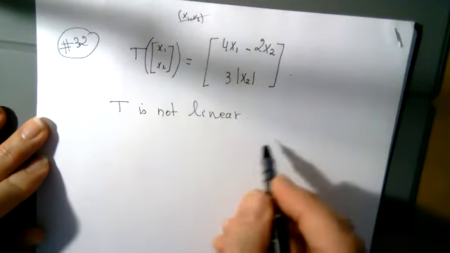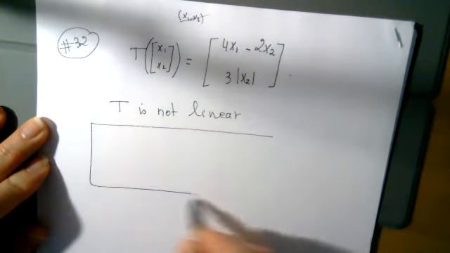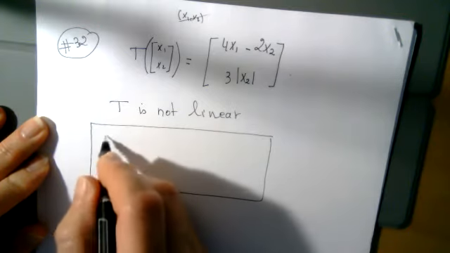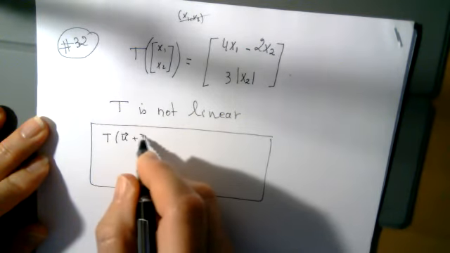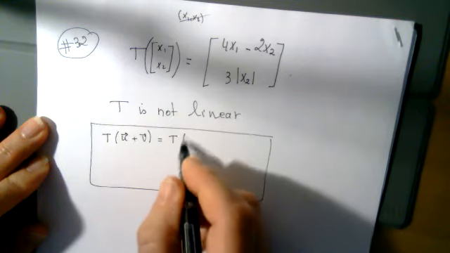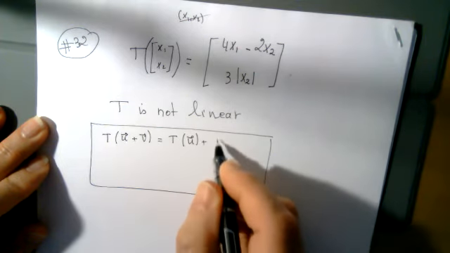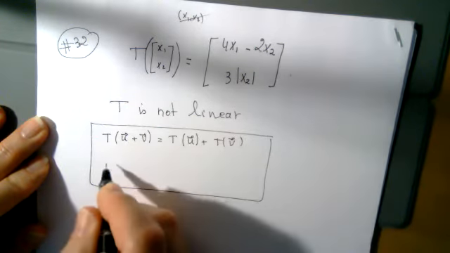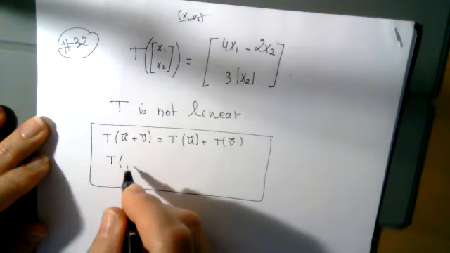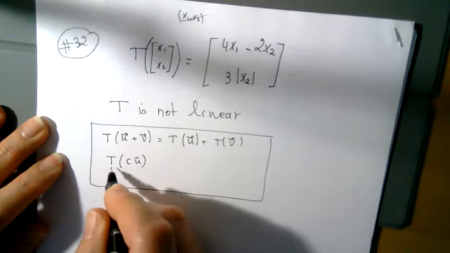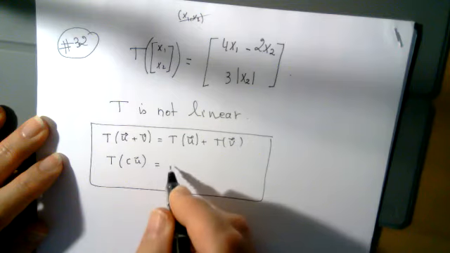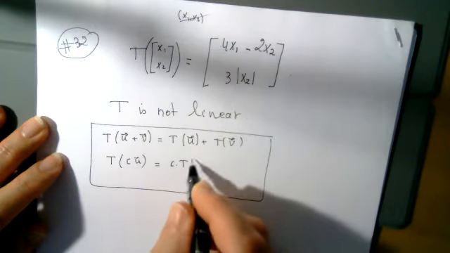Let us recall from last time, what does linearity mean? Linearity means T preserves vector addition. It means the image of the sum is the sum of the images. And T preserves scalar multiplication. It means if you take a vector, scale it, then find its image, it's the same as scaling the image itself.